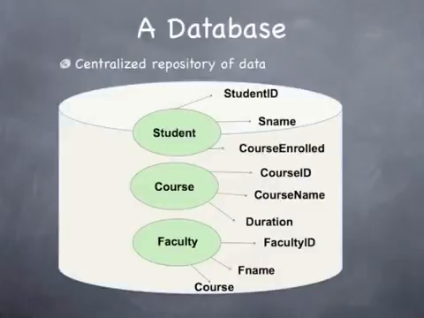Here we have all the data that was important for the university stored in a centralized manner, all contained within one unit or one logical object, which is over here in the form of a cylinder. And what we say over here is that the database would be the centralized repository of all of this data.